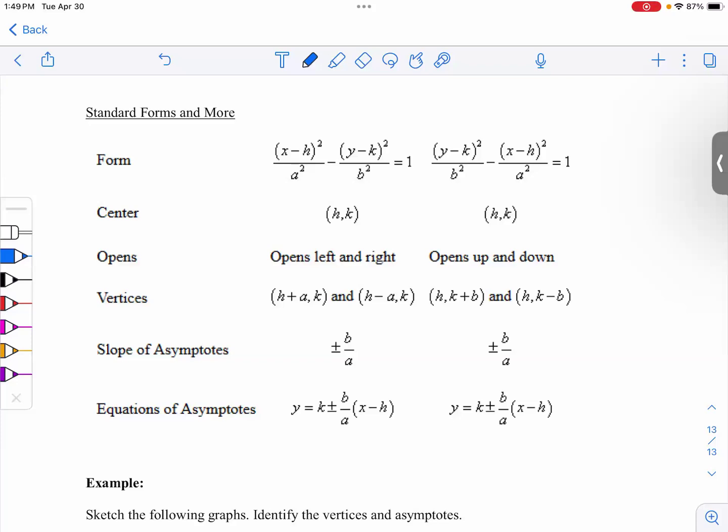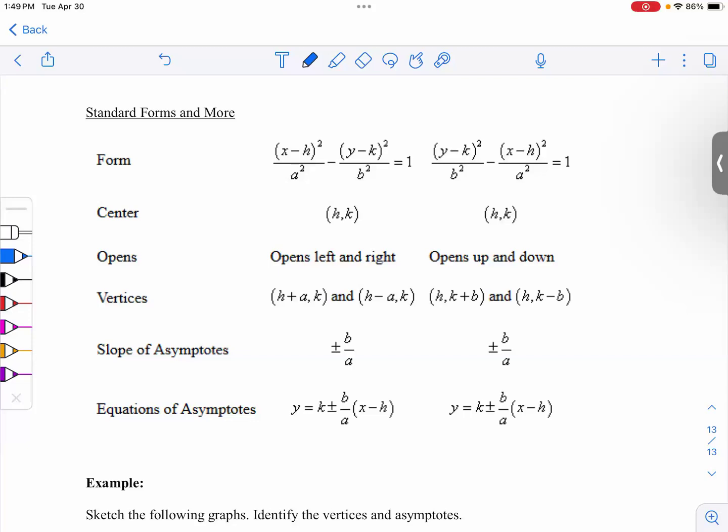Yeah, it's the negative between them. Instead of plus, it's a minus. And that's really the only difference. Now notice that this one starts with an x minus the y's. This one is y's minus x. And that just determines it. When it's x minus y, they open left, right. When it's y minus x, they open up, down. That is basically the only difference in identifying.